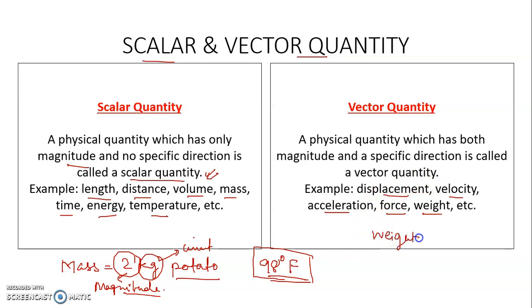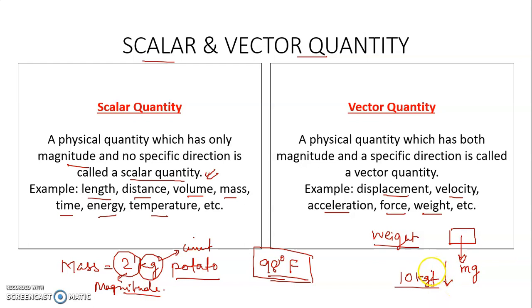We all have weight, right? Suppose this is a body. Its weight will always act in vertically downward direction, mg. Always remember, weight always acts in the vertically downward direction. So suppose a body has a weight of 10 kgf.